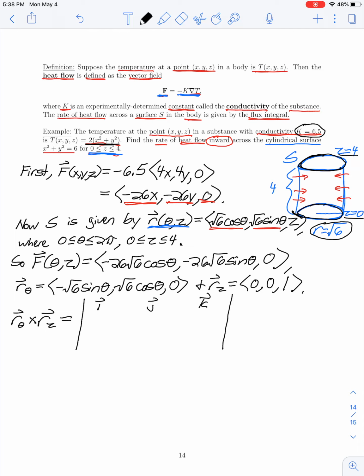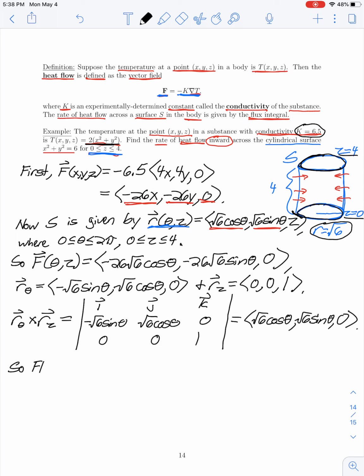R sub theta was negative root 6 sine theta, root 6 cosine theta, 0, and r sub z was 0, 0, 1. So for this cross product, our i component is root 6 cosine theta. Our j component is root 6 sine theta. And our k component is 0.